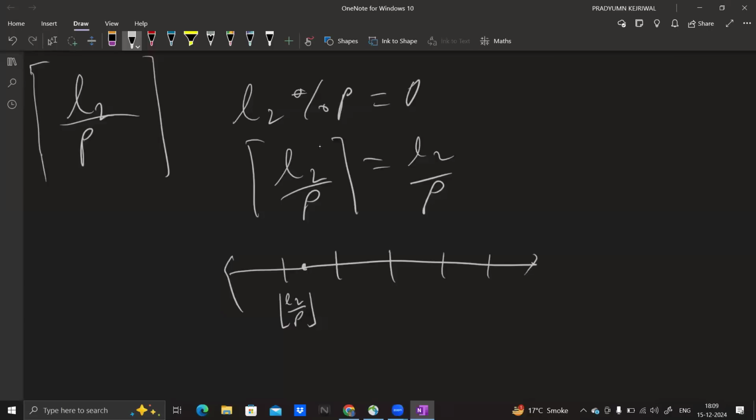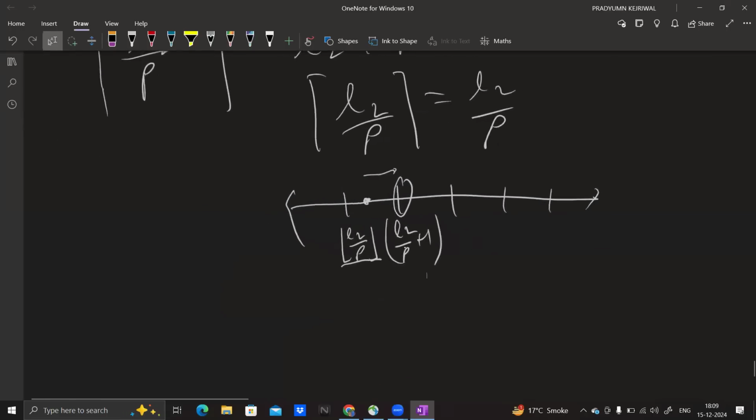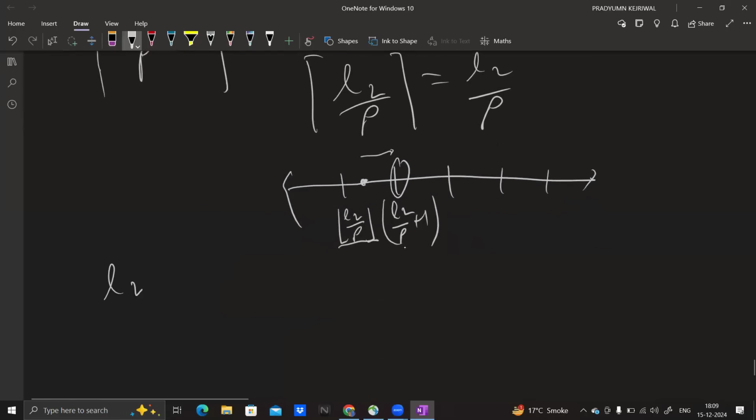If the value of L2 by P is here and this floor is here, that means the remainder is something while dividing by P. So if that is the case, then we want this value, L2 by P floor plus 1, right? So that's the trick. What I told you was L2 plus P minus 1 upon P.